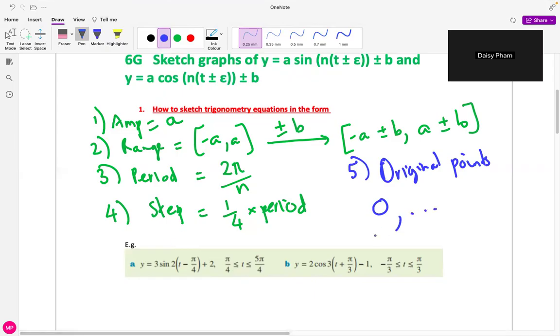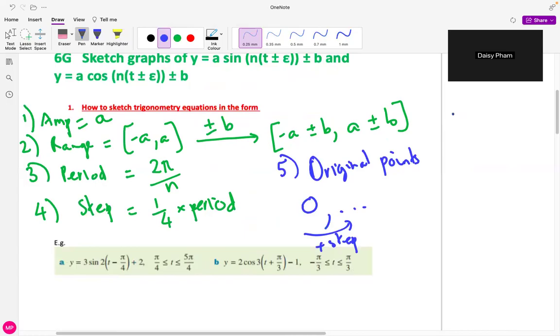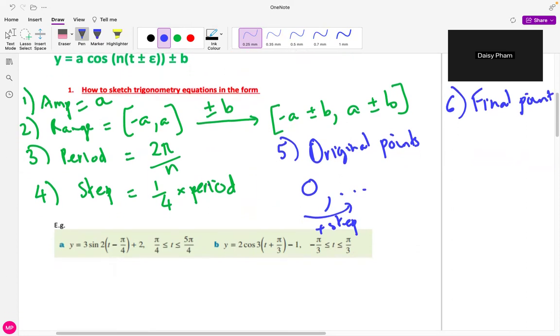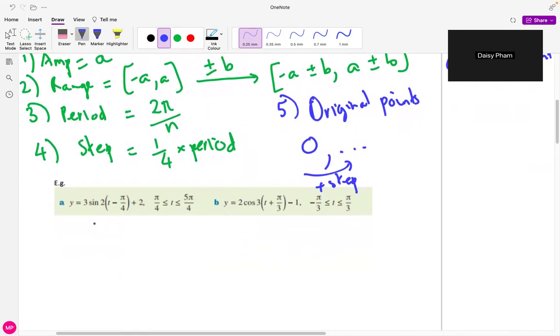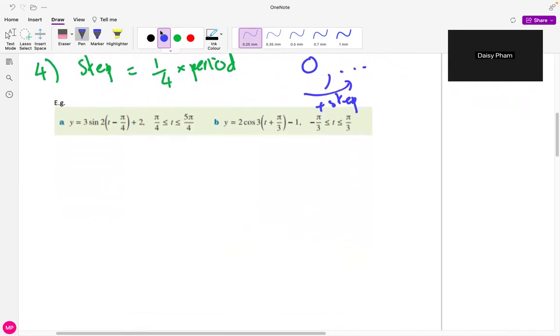I'm going to put a dot here, and then I add each step. Okay. And then finally, I'm going to consider the final points, which is the translation left and right, which is epsilon here. Okay, now we're going to do that step by step, and I'm going to show you how to apply it in the example. We'll do one for sine, one for cos.